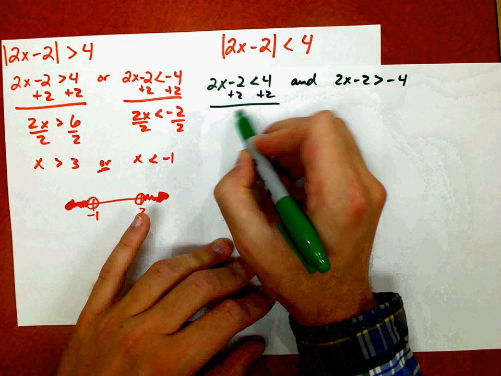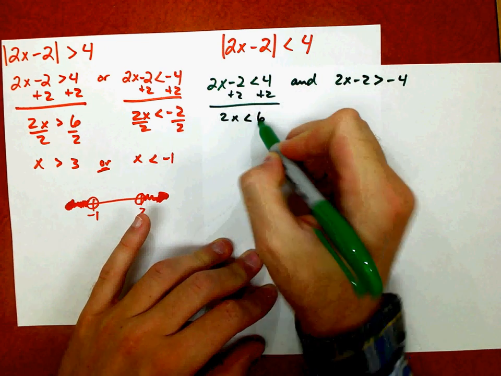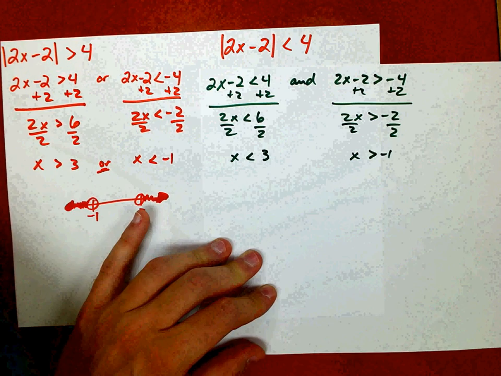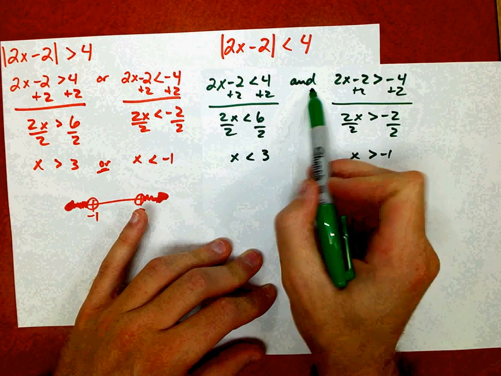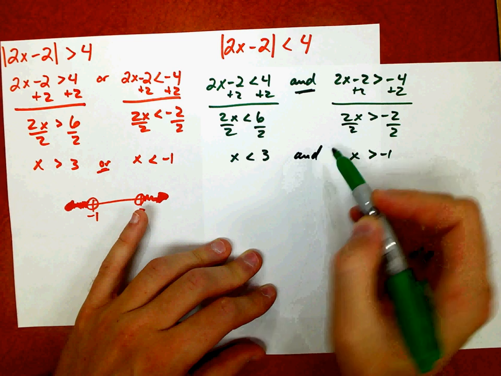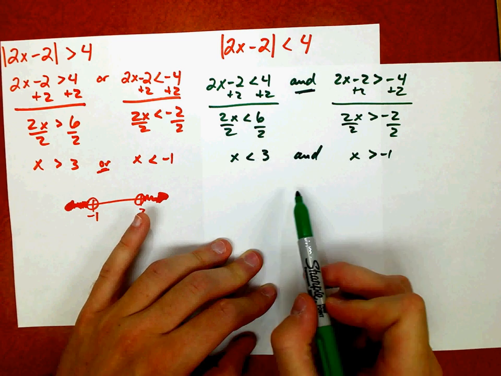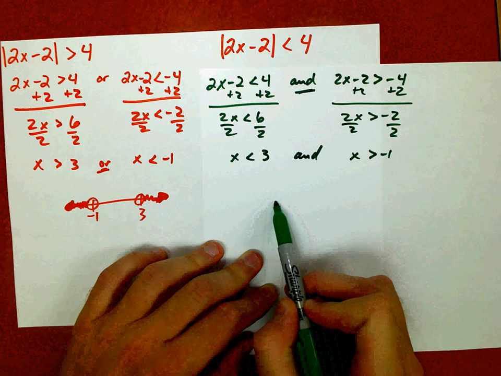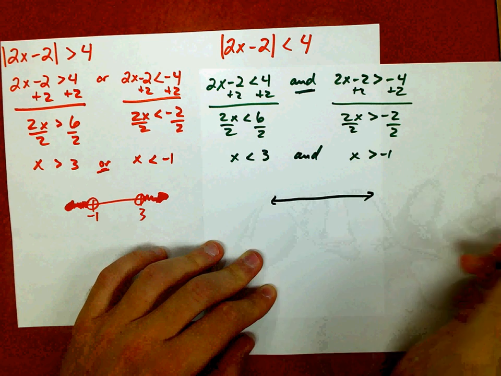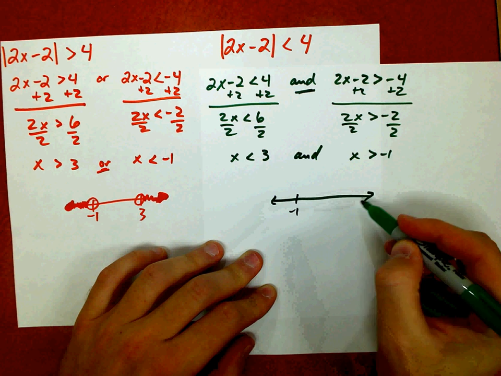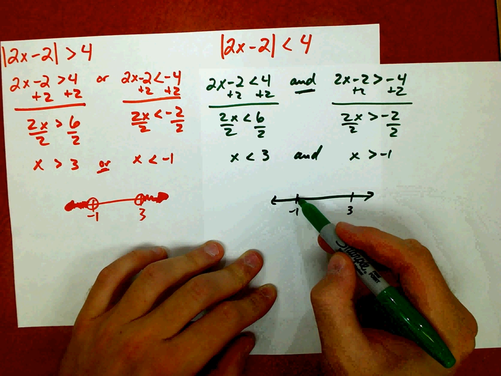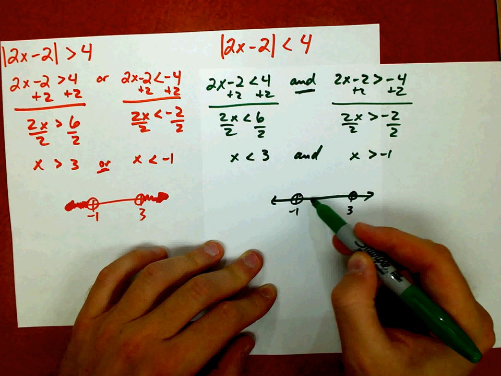And again, I will solve each inequality separately. So here my solution is an "and" in the intersection of x is less than 3 and x is greater than negative 1. And once again, you can see when I graph the solution set, I want the intersection of what these two sets have in common.